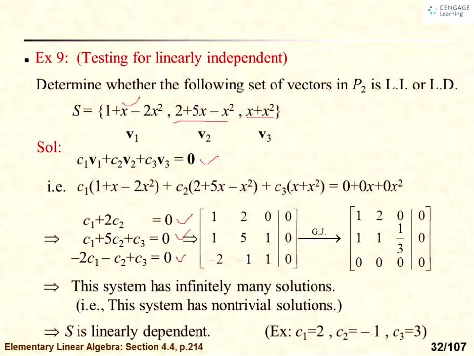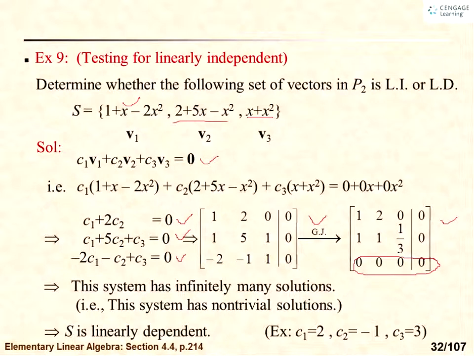With the help of the linear combination, I have to write three equations: equation number 1, equation number 2 and equation number 3. Now I'm going to solve these three equations using the Gauss-Jordan or Gauss elimination method. I write it in this form and convert it into an upper triangular or lower triangular matrix.